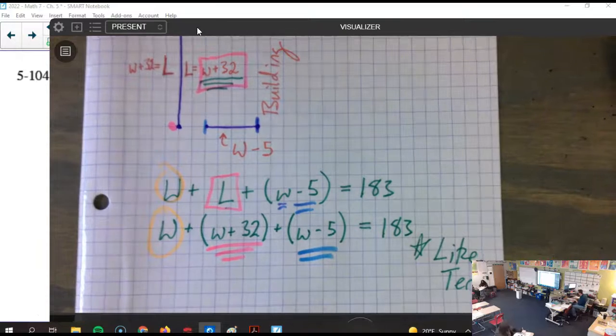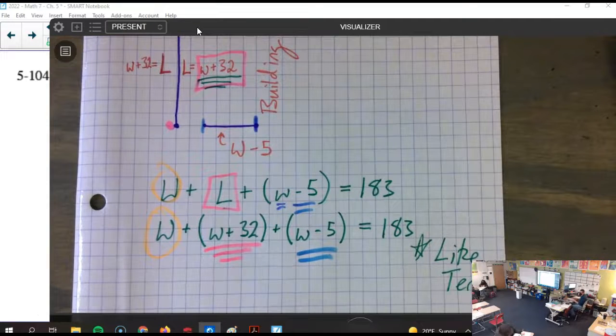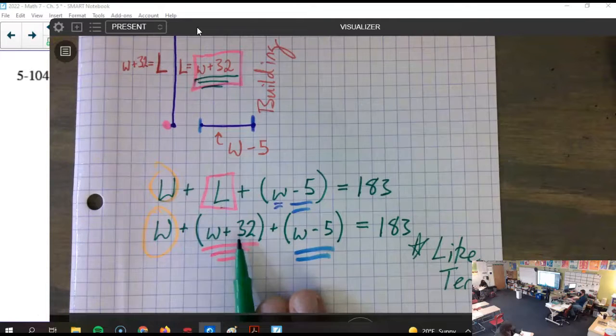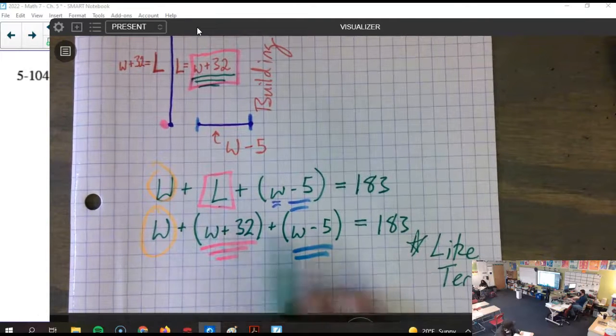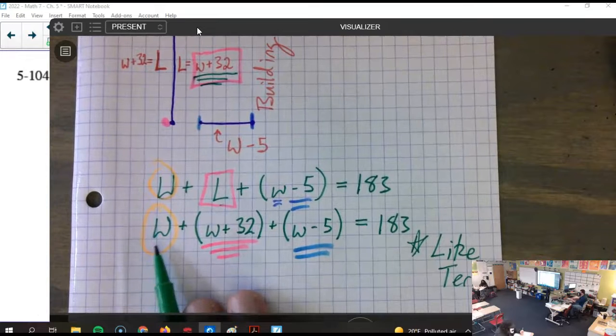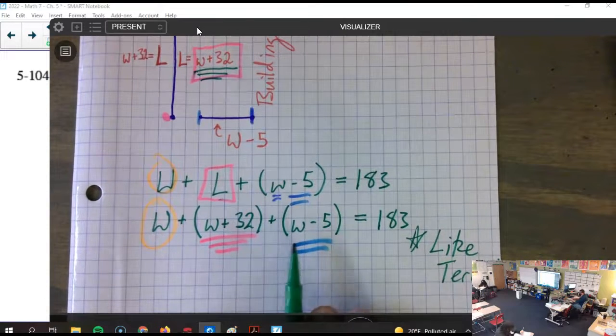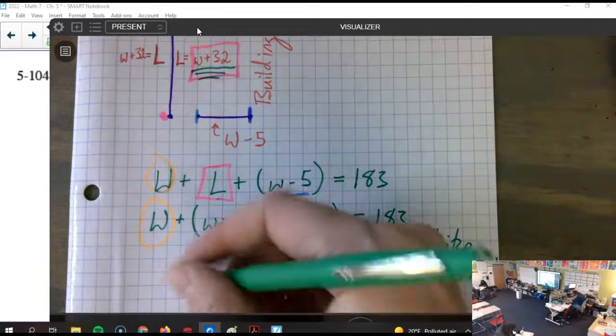We can now group up our like terms. So can my W add with 32? No. But can my W's add with each other? Yeah. W, another W, and another W is, anybody?